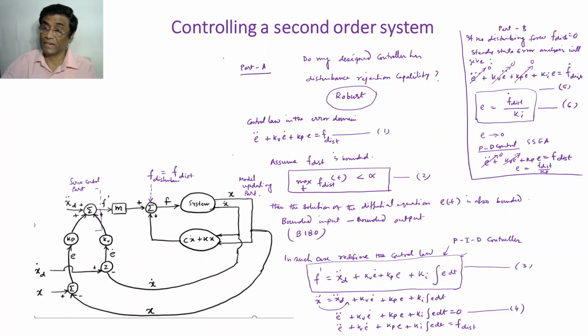But by redefining my control law like 3, we have proved that your error would be 0 if the disturbance is constant. Here, if it is constant, error will be 0.